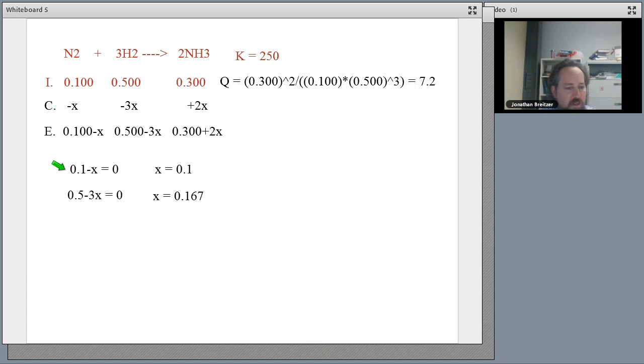On the reactant side, whichever side of the reaction that we're subtracting x, I solve for what x would be if the concentration were 0. For the nitrogen, x would be 0.1. For the hydrogen, x would be 0.167. So those are upper limits, so I choose the lower one. That's going to be the upper limit to how high x can be. Any higher than that, and I'm going to get a negative concentration of something, which I can't have. Now I'm ready to do the actual calculations in Excel.